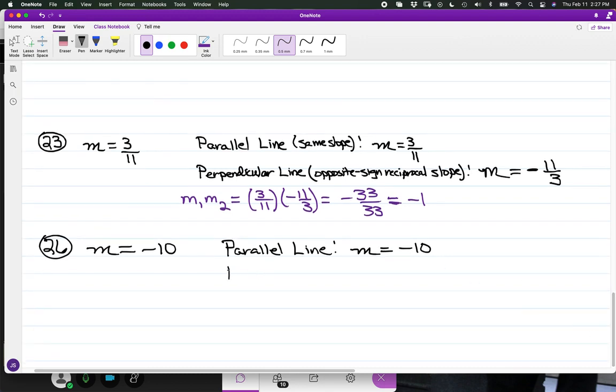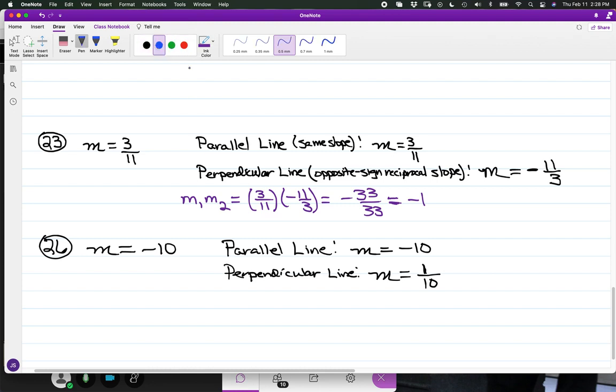And for the perpendicular line, again, you're going to have the opposite sign reciprocal of -10. So you're going from a negative to a positive, and the reciprocal of 10, or 10 over 1, will come out to 1/10.